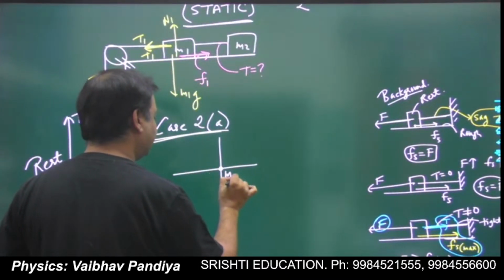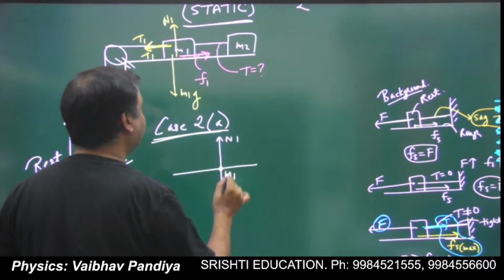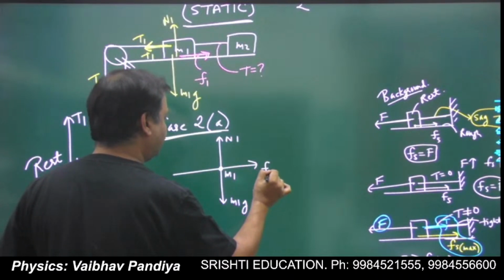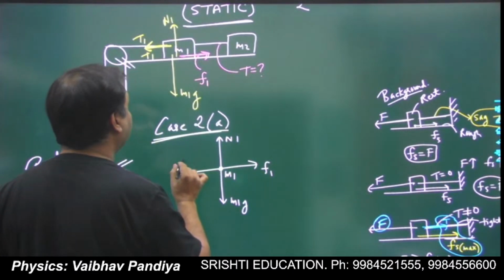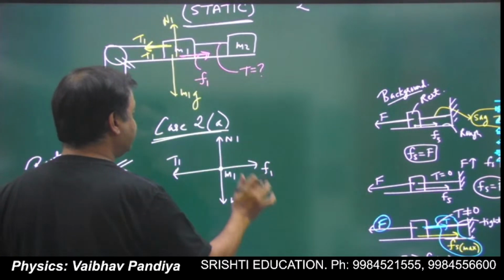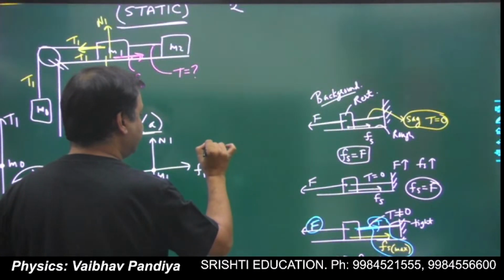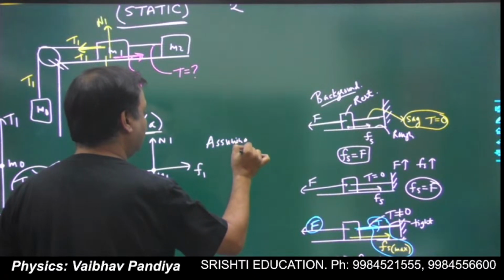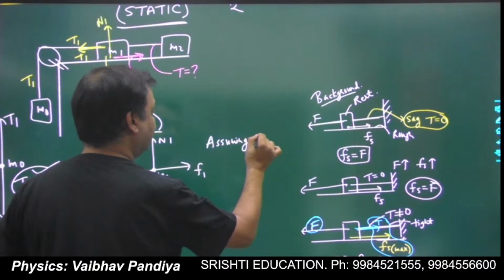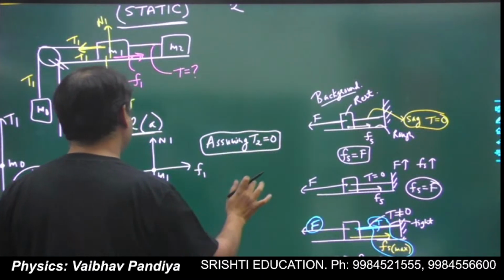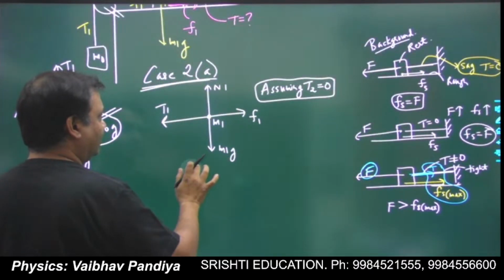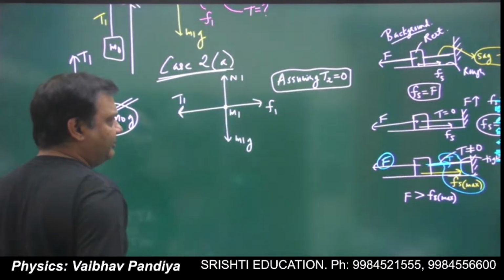So when I'm making the FBD of m1, it will be n1, it will be m1g, and this is your frictional force F1, and this is your T1. I'm not making T2, mind it, because T2 will come into play only when T1 will exceed F1 max. So let us see till when T2 will be 0.